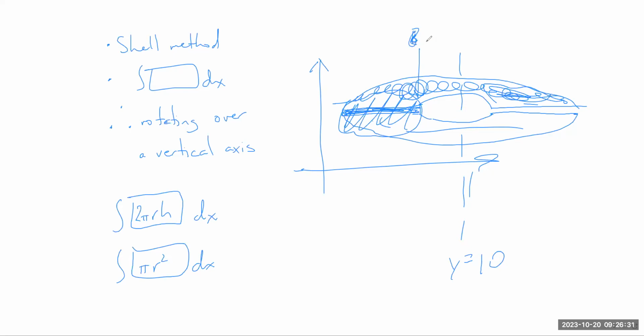I'll call them A and B. So these values are, actually, I don't even want to do that because this needs to be general, right? Actually, we can keep it specific here.